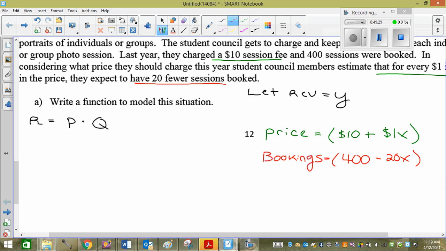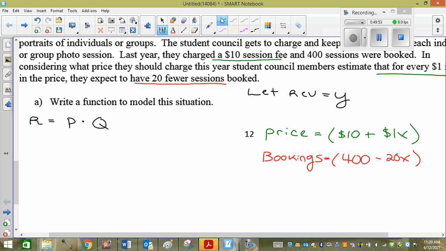And do we see how those x's are tied? They say that for every amount of dollars we increase this by, they're going to see 20 less bookings for each of those dollars. So the x values are actually combined together. Technically, they mean different things independently within this equation, but they actually coincide, and we'll see why in this equation here.